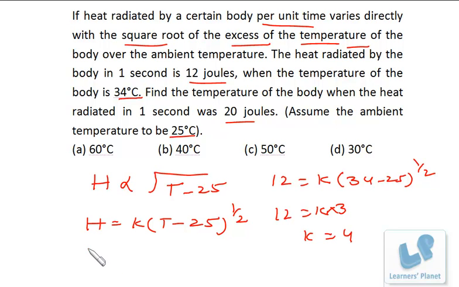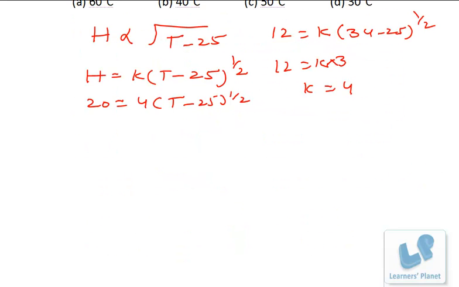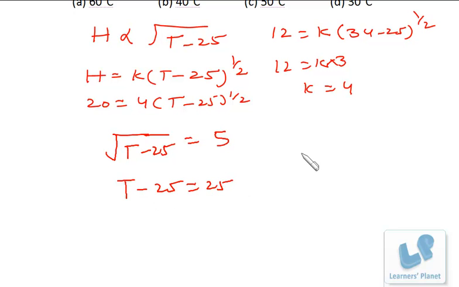H is equal to 20, K is 4, and we have to find T. That means the square root of T minus 25 is equal to 20 by 4, that is 5. That means T minus 25 is equal to 25. That means T is equal to 50 degrees centigrade. I hope you are clear.